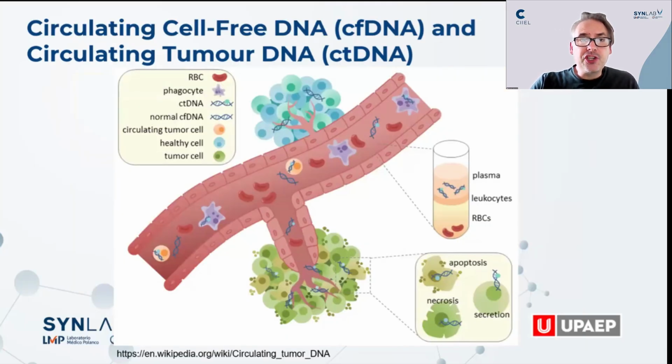So a little distinction between circulating cell-free DNA, the cfDNA, and circulating tumor DNA, ctDNA. ctDNA is that proportion of the total free circulating nucleic acid which is derived from the tumor, because the majority of the circulating DNA, particularly in the peripheral blood, will be from non-tumor sources.